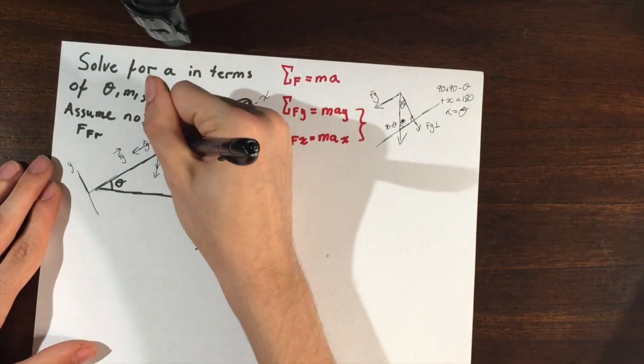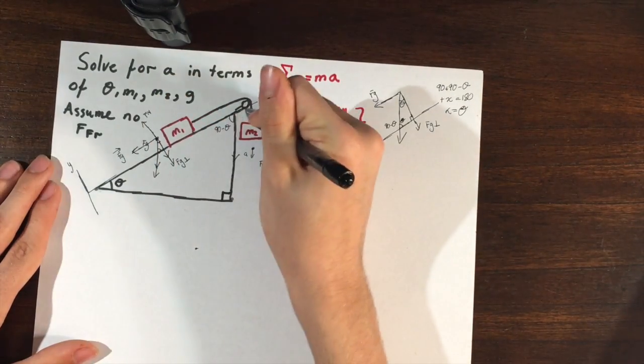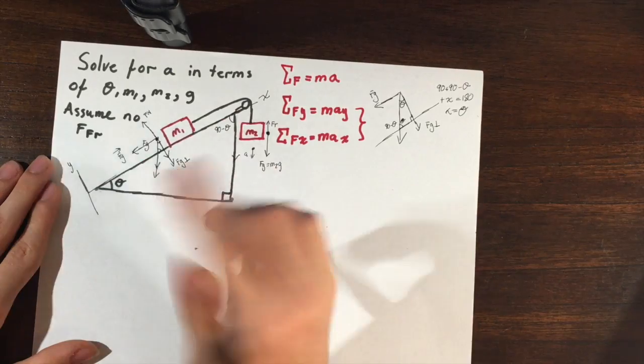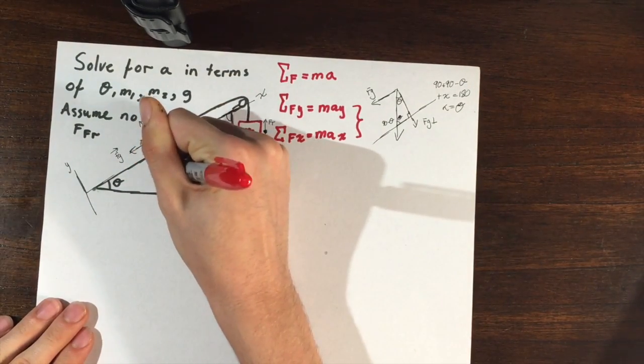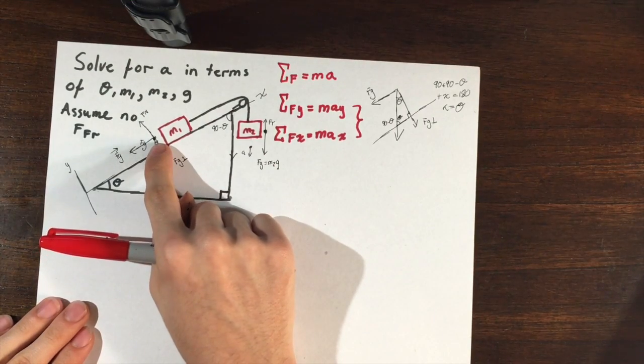Now that we have that established, we can find our gravity acting in the x and y components, because we have our theta over here.